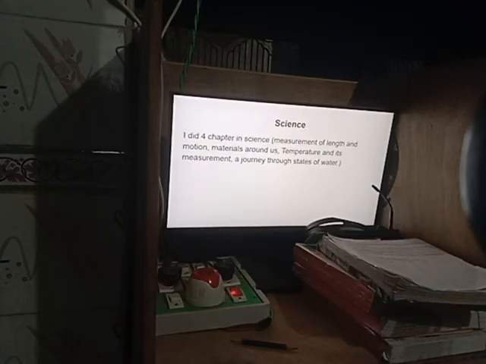The SI unit of measuring temperature is Kelvin. But mainly we see the Celsius scale.